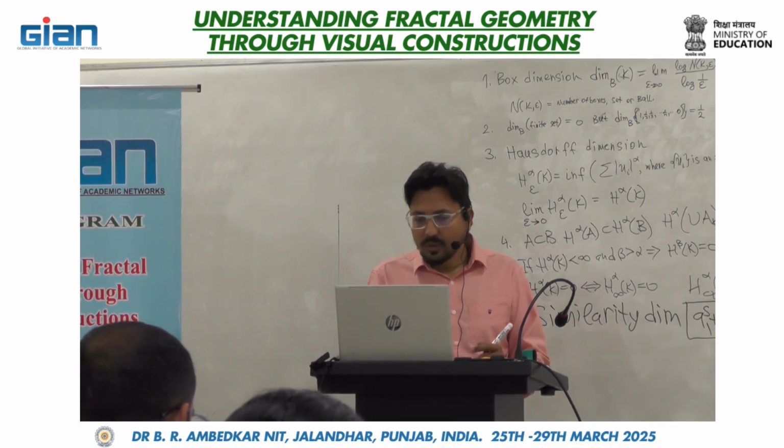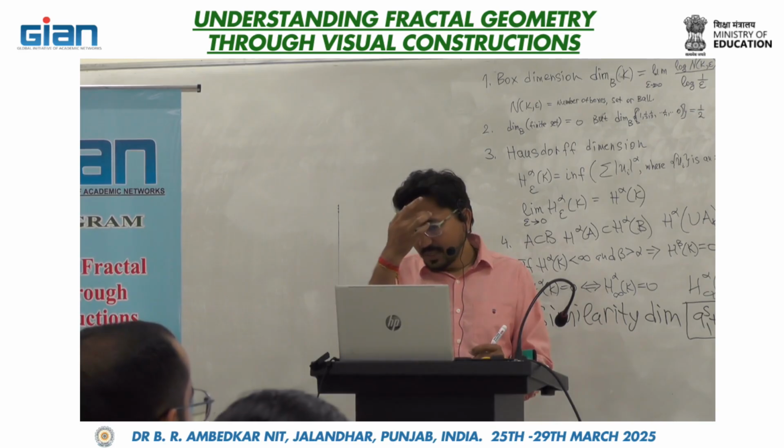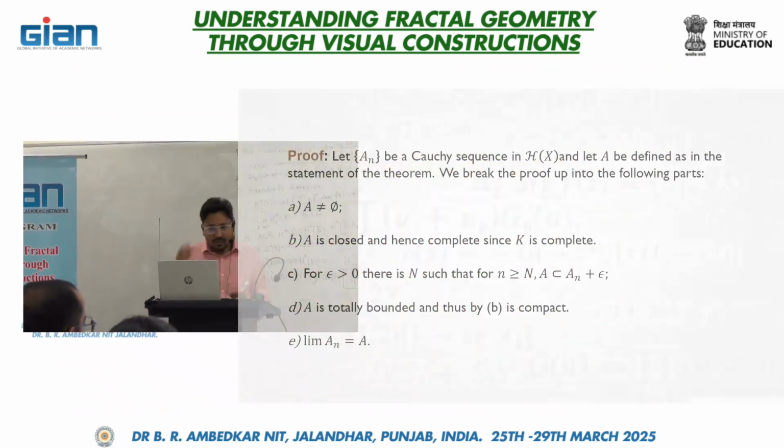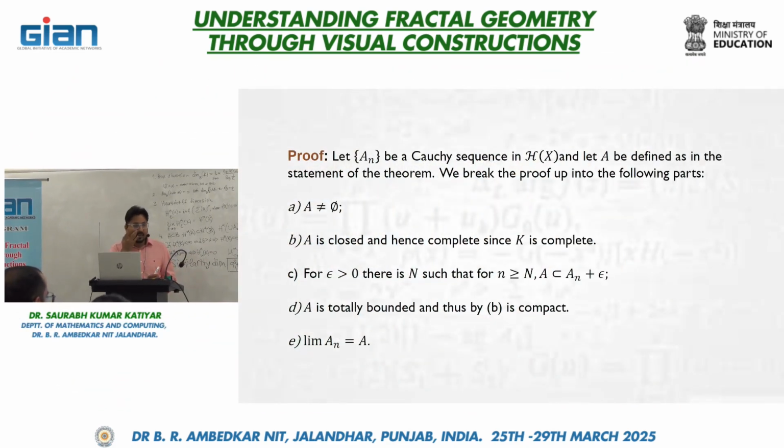This theorem or material I have taken from Barnsley's book, so I will share it with you. And to prove this result we have 5 steps. First we have to prove that A must be non-empty, then we have to prove that A is closed and hence complete since K is complete. Then we have to apply the extension lemma: for epsilon greater than 0 there is N such that for n greater than or equal to N, A is a subset of A_n plus epsilon.